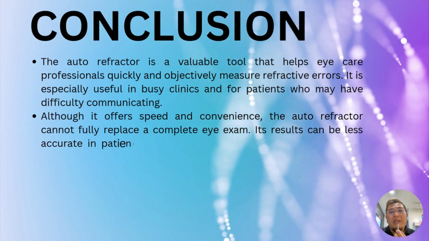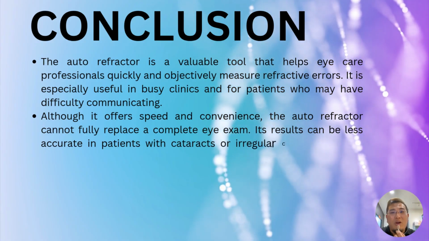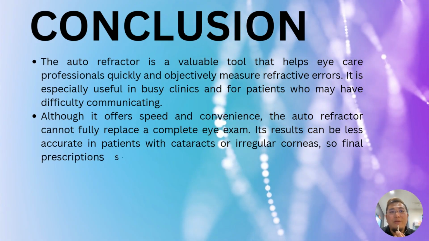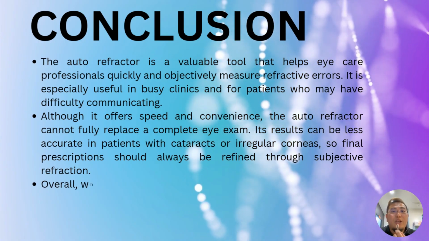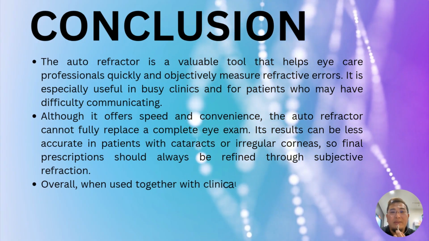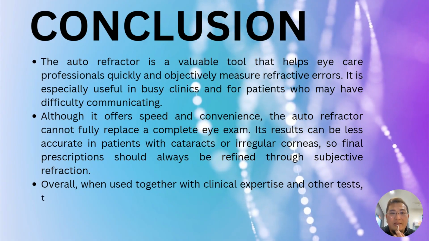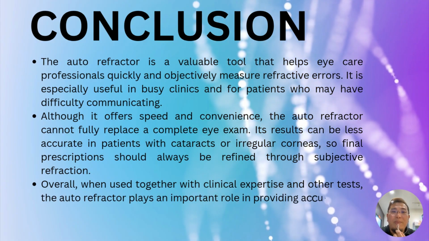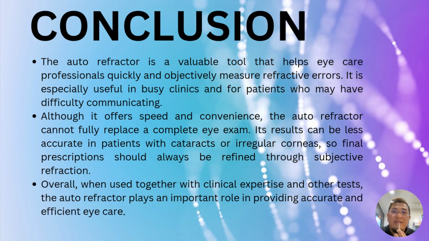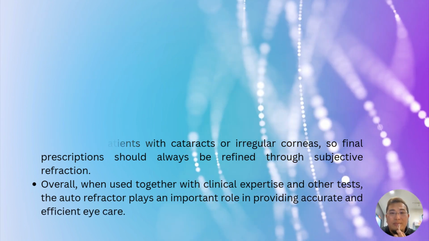However, while it provides speed and convenience, it cannot fully replace a comprehensive eye exam. Its reading may be less accurate in patients with cataract, corneal irregularities, or accommodation issues, which is why subjective refraction remains essential to finalize any prescription.